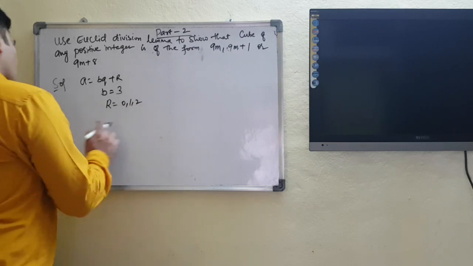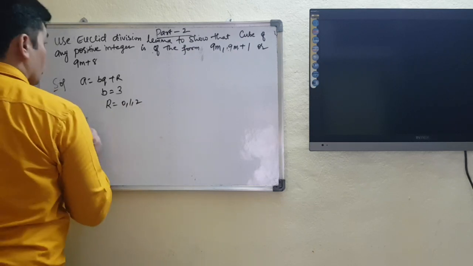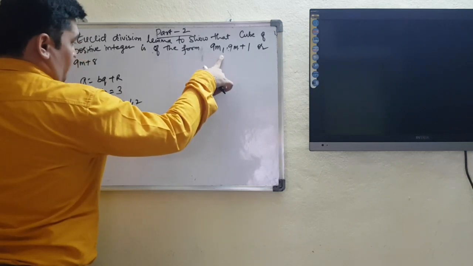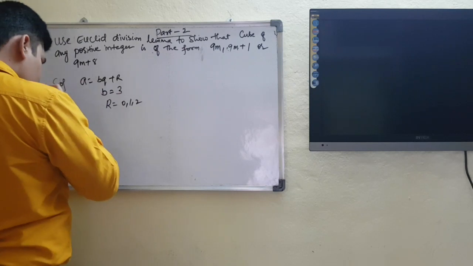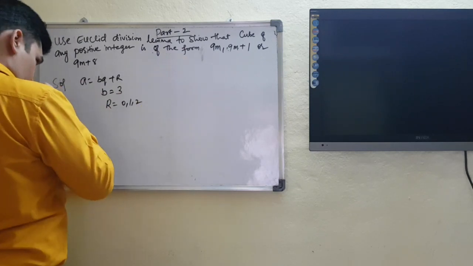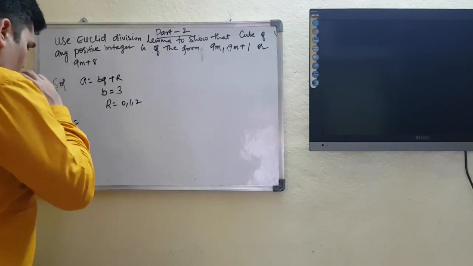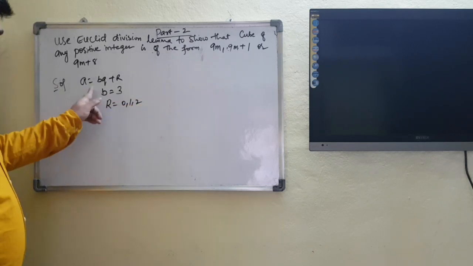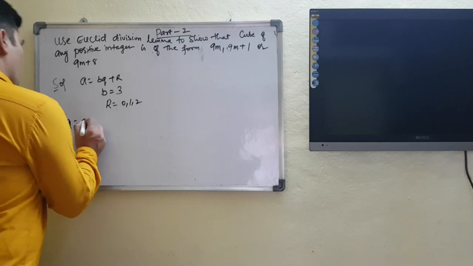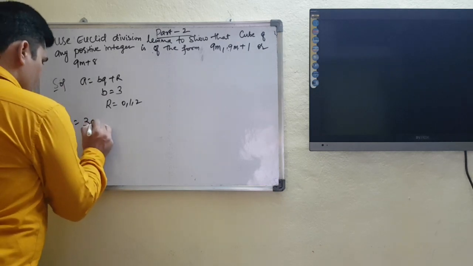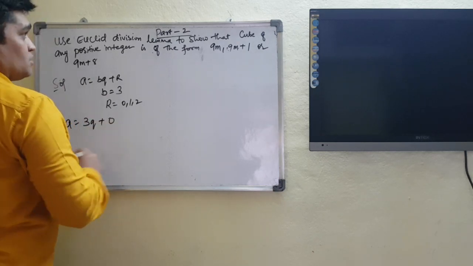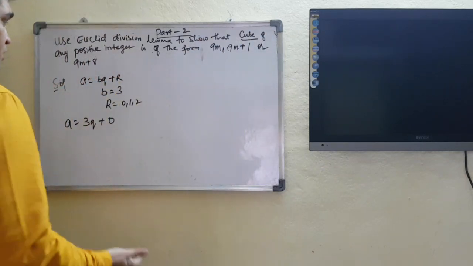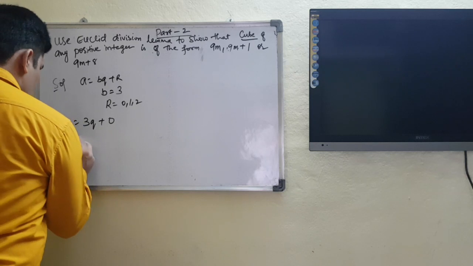So what you consider now, if you check it out, while solving use 9m, make sure that you are using 9m. You will be getting 9m, but use 3. What will be now? A equal to 3q plus 0. Since we need to find out the cube of it, what you are going to consider? The formula of cube on both sides.